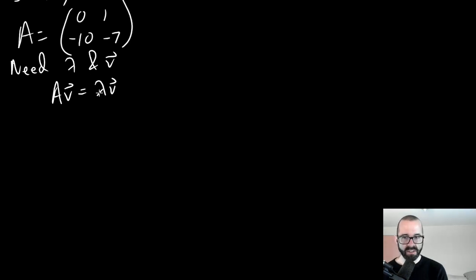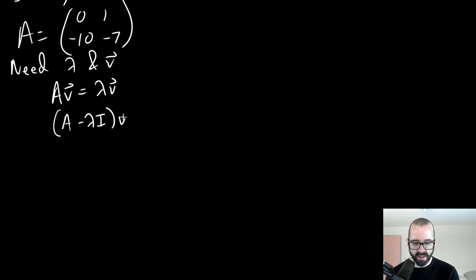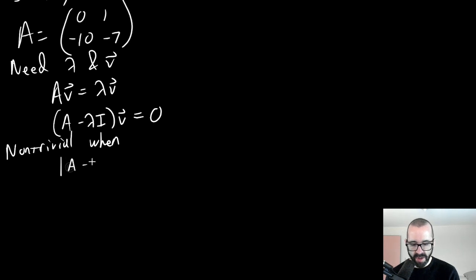Again, you can solve this system of equations. What you're going to get is A minus lambda I times v equals 0. We want non-trivial solutions. Non-trivial when the determinant of A minus lambda I equals 0. Remember, you can write vertical bars for the determinant.